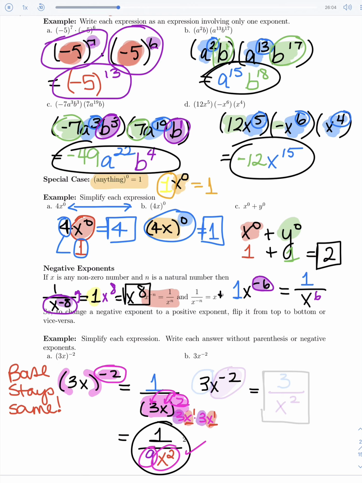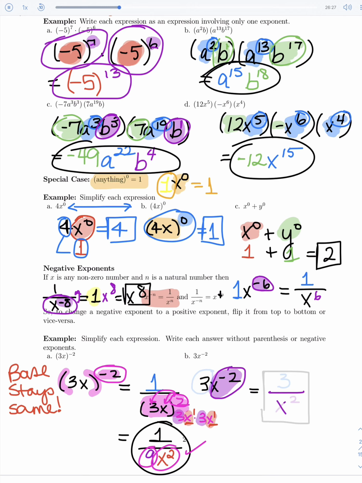However, if we look at problem B, it's a little bit different. Notice the negative exponent on B, because there are no parentheses, it means the negative exponent is only on the x. So only the x is going to move to the denominator of our fraction because it's the only thing with a negative exponent.